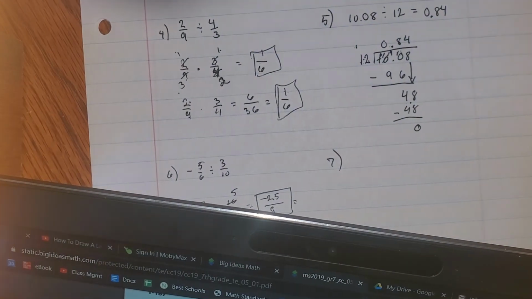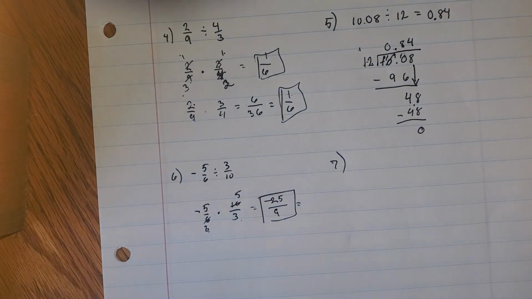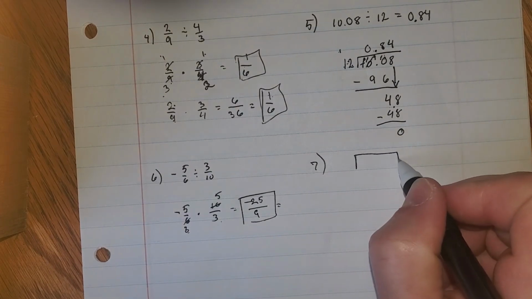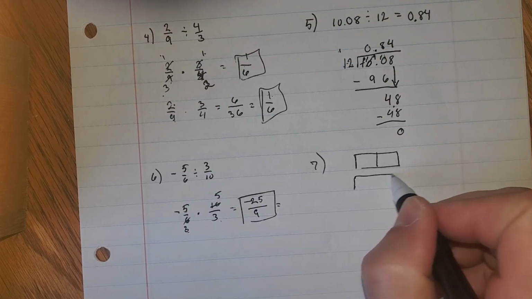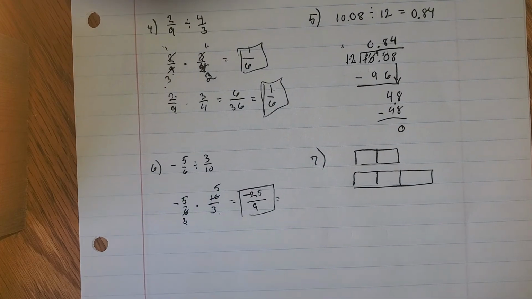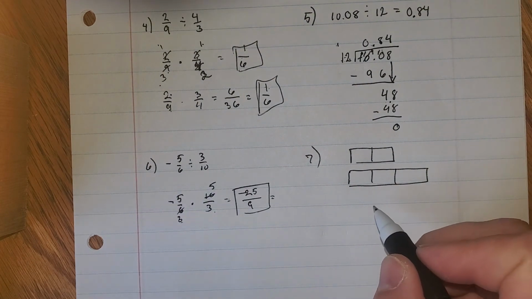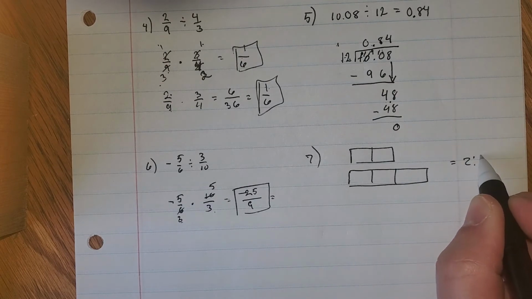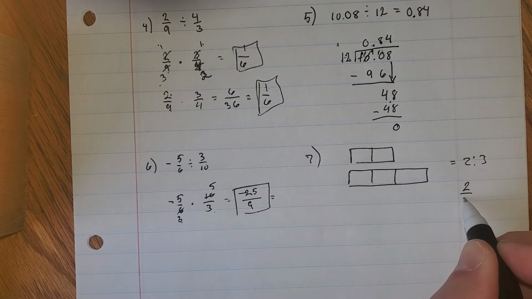So the tape diagram had 2 to 3, and we have 8. So that would be written 2 to 3, or the value would be 2/3.